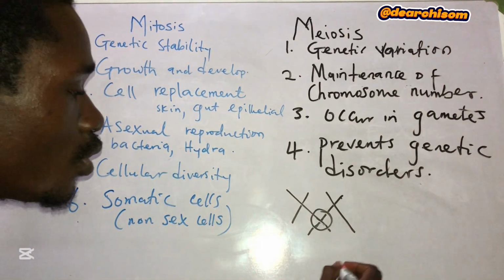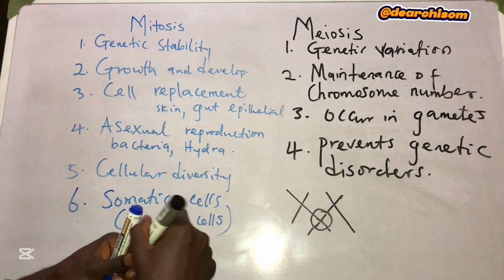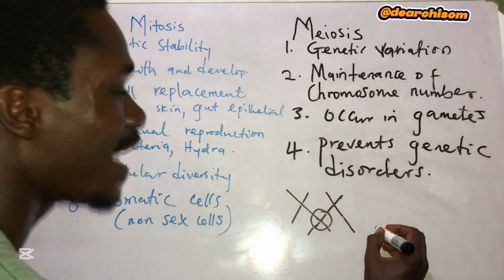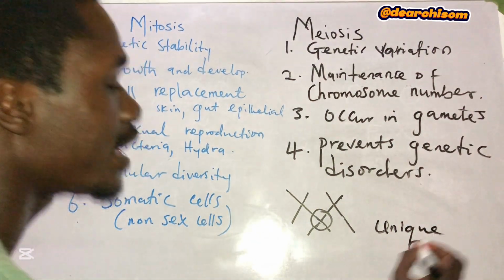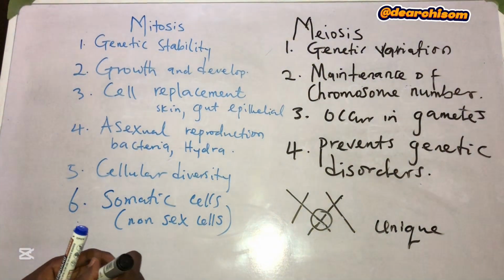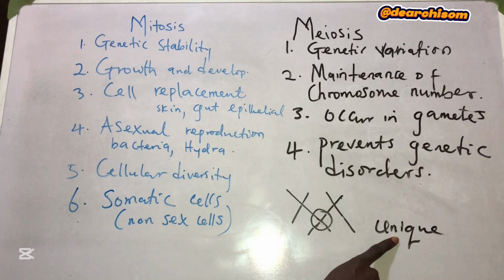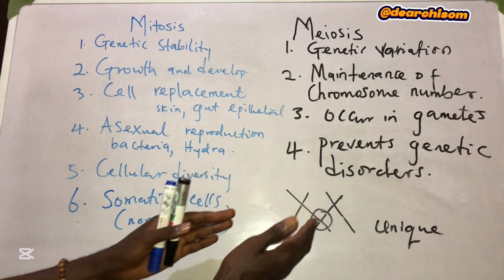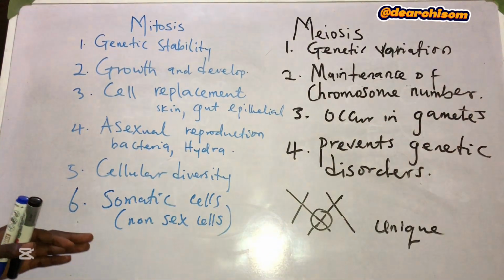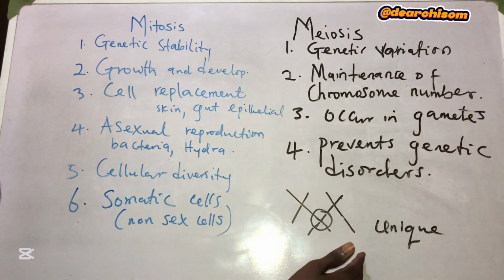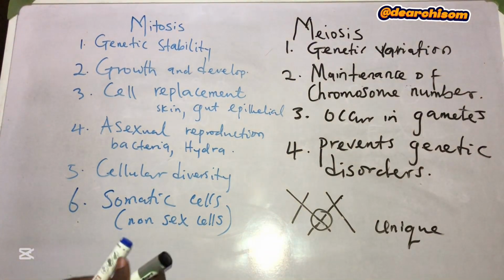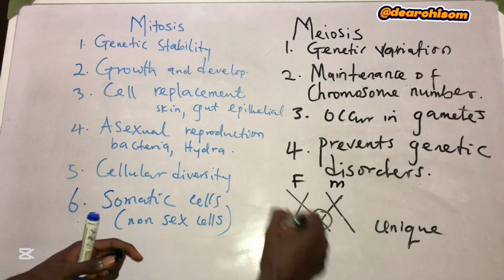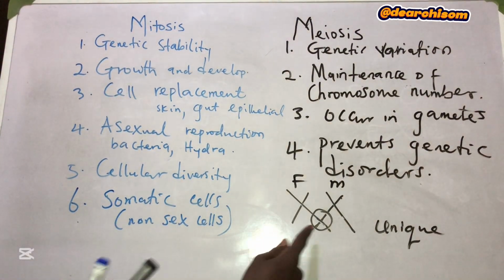So the new offspring that will be formed will be slightly different from the parents, right? So this new offspring is having a unique combination of genes, and this means that this new offspring will be slightly different from the parents, giving room for genetic variation or a new trend of characteristics. So it prevents genetic disorders. Supposing this chromosome is from the father and this chromosome from the mother, and they were having a genetic disorder in their chromosomes.